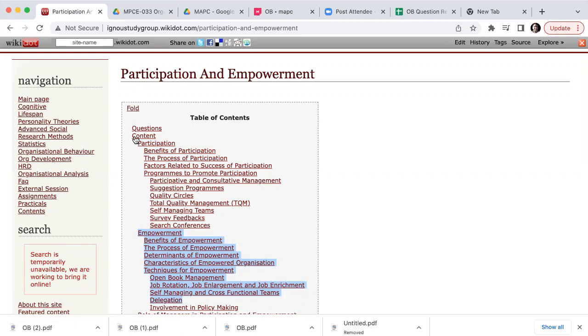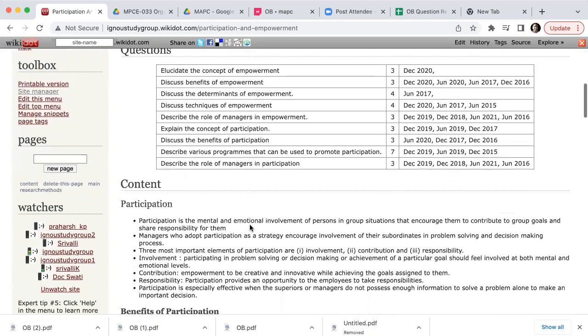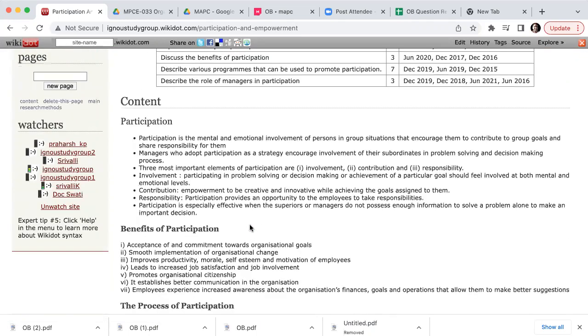So you can divide this unit into two parts: one is the participation part and the other is the empowerment part. What is participation? It is mental and emotional involvement of a person in a group situation. That means when teamwork is going on, it encourages them to contribute towards group goals, those common goals, and share responsibility with the other team members.